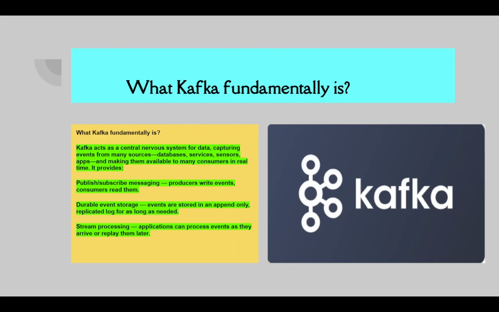The implementation, like how pub-sub works, what durability is, and what stream processing is. And you can even write filters. There is a KSQL, called Kafka SQL, which will allow you to pick, if 100 similar messages are submitted to Kafka, you can write logic in KSQL which will pick the latest message.